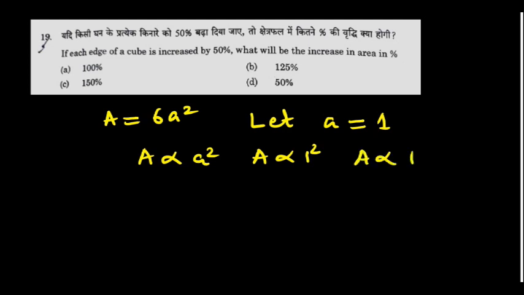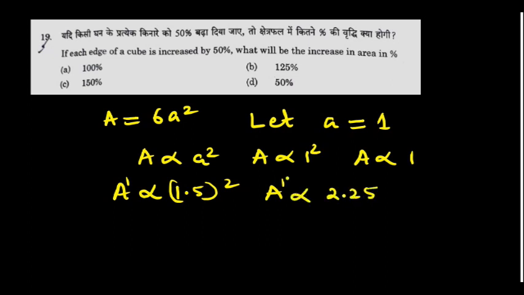Now what we are doing, we are going to increase the edge by 50%. So now a becomes 1.5. Then I can write the new area, A dash, equal to 1.5 square. So A dash equal to 2.25. Now I have two values, the initial value and the changed value.